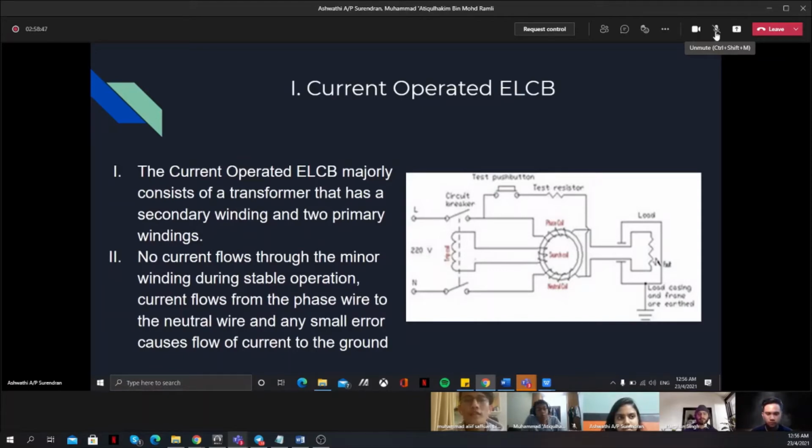Current flows from the phase wire to the neutral wire, and any small error causes current to flow to the ground. As shown in the diagram, we can know the difference between primary and secondary winding.